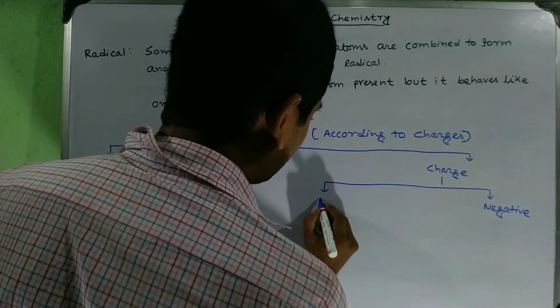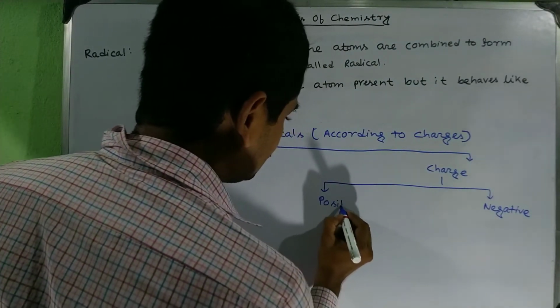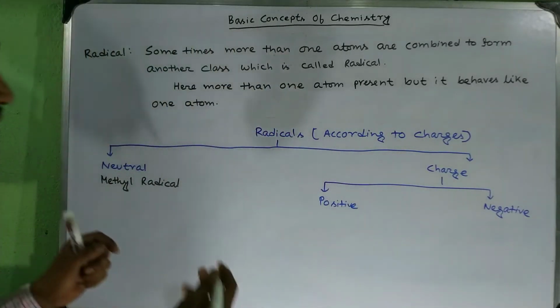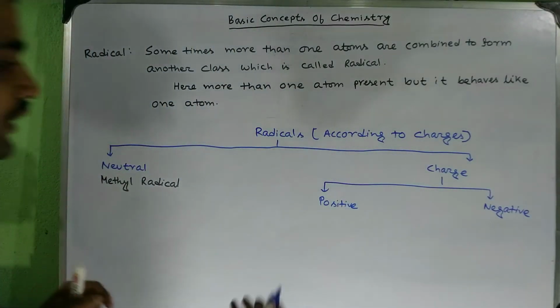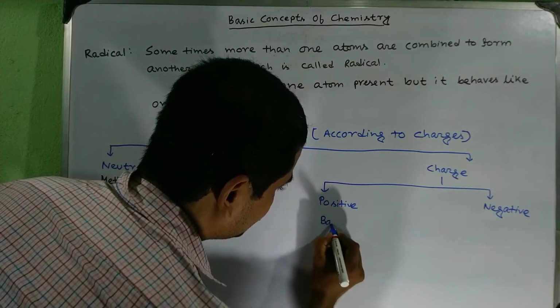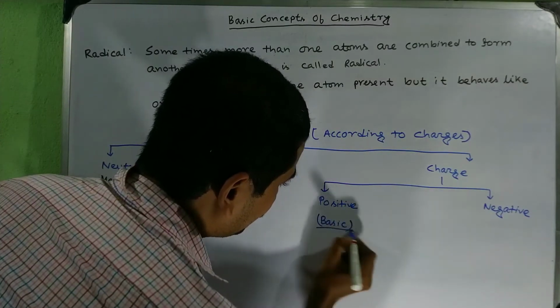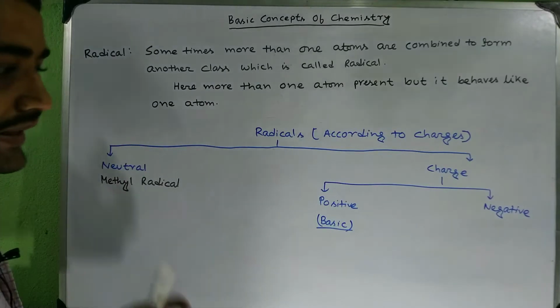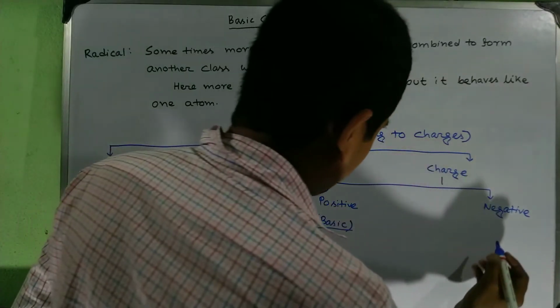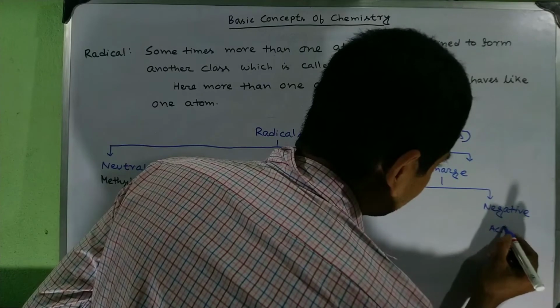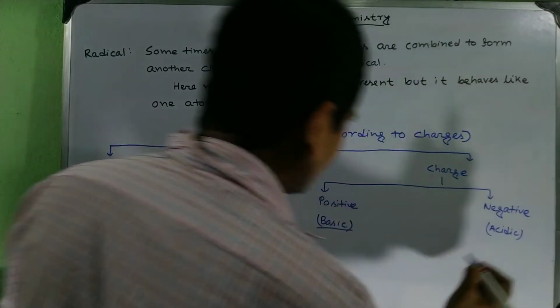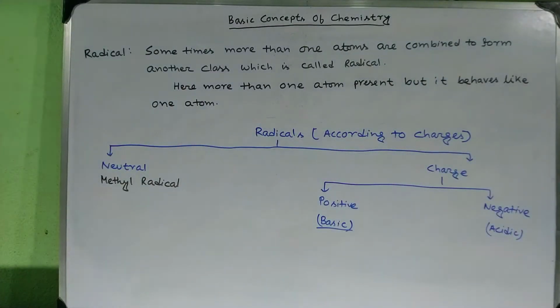Now the positive radicals are called basic radicals. Here the word basic denotes the base. And the negative radicals are called acidic radicals. Clear?